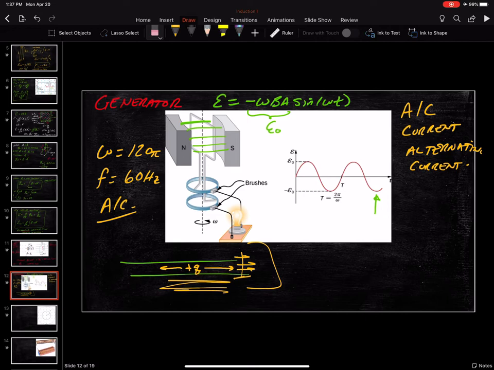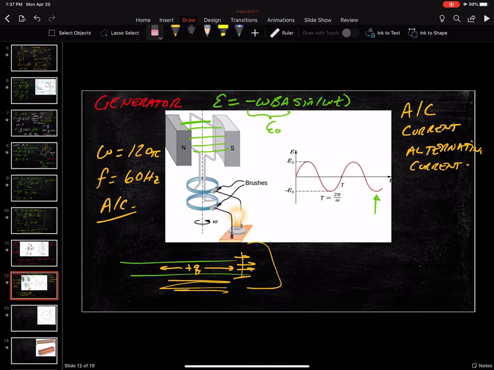And AC current eventually won out. The current wars. That's because there's less losses. It's just a better way of doing things. And so this is how you generate AC current. This is very, very nice. We're going to talk about AC current when we talk about AC circuits later on, but this is a way of generating that.